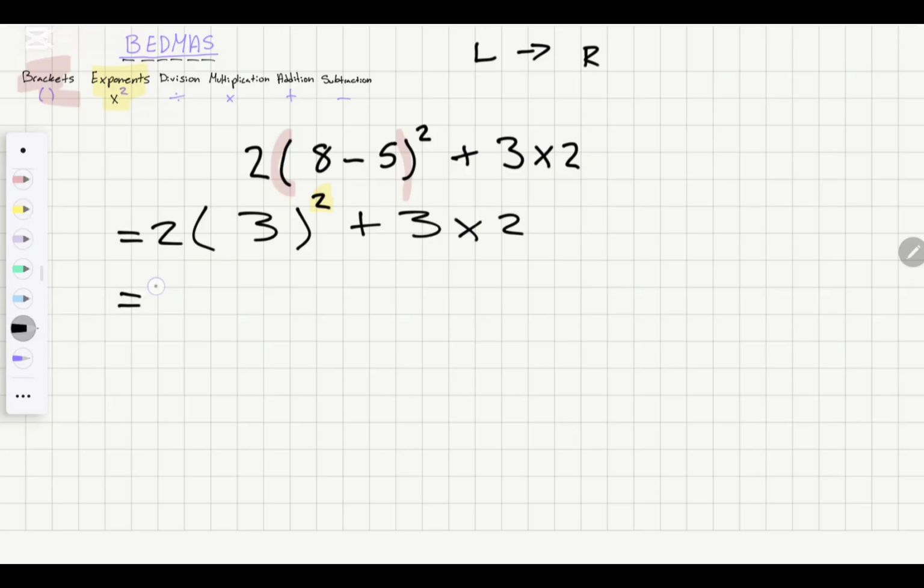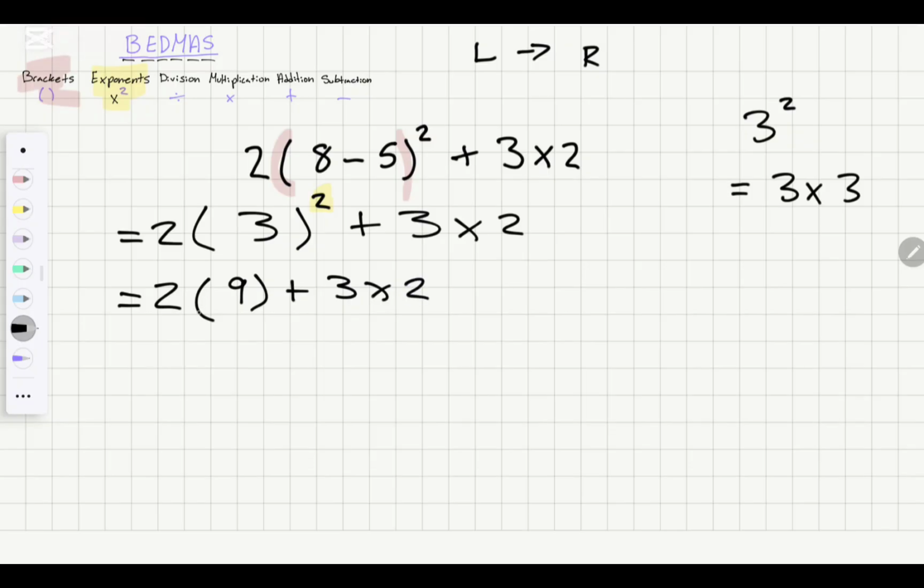So bring everything down, 2. Okay, so 3 to the power of 2. 3 to the power of 2 is like saying 3 times 3, like I said at the beginning of the video. So 3 times 3 I know is 9, plus 3 times 2.